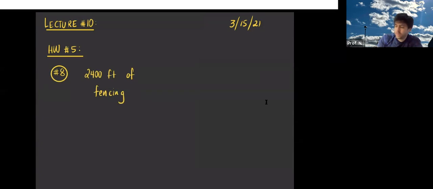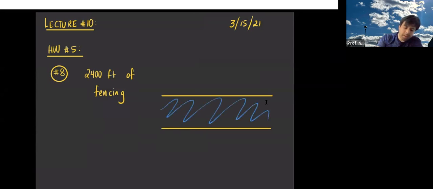And what they give us is a river of some sort, like a river bank. And then we have a rectangular field around here, right?